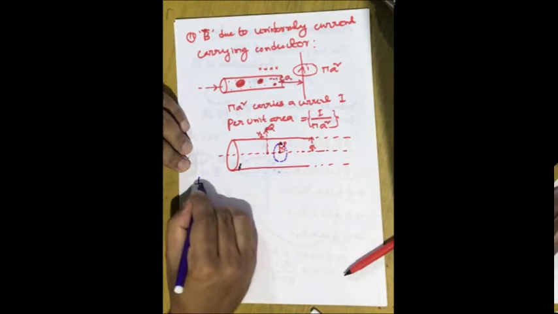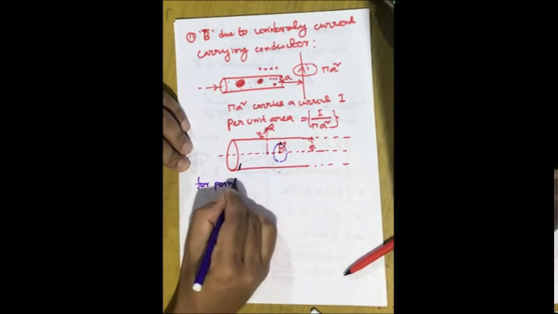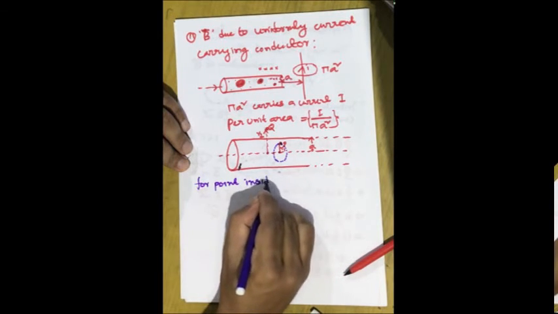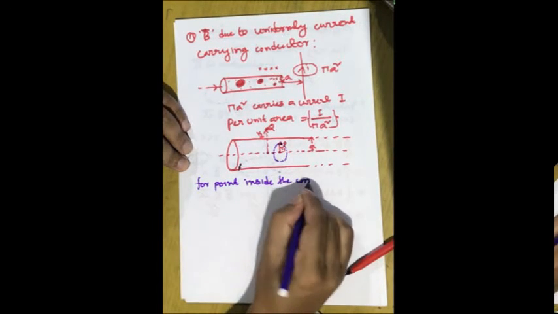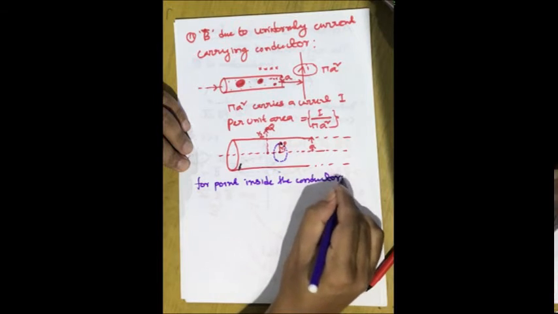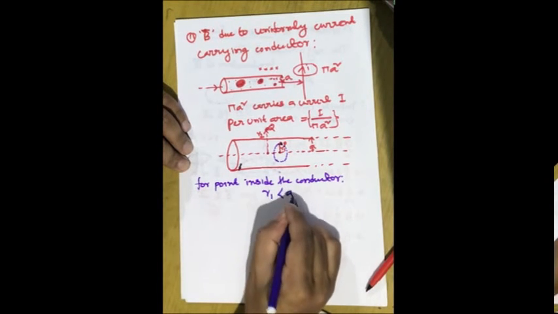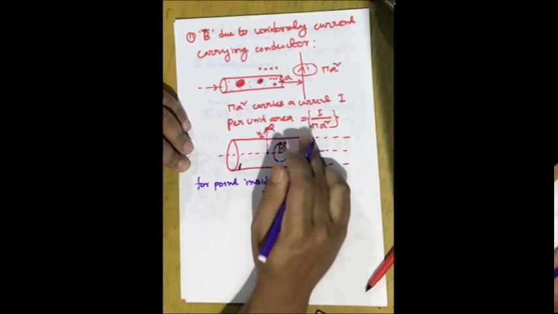Now we are going to apply Ampere's law for this loop, for a point inside the conductor. That means R1 is less than a, because a is the radius and R1 is inside the conductor.